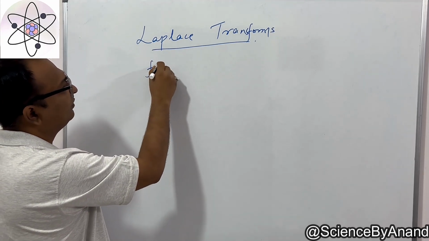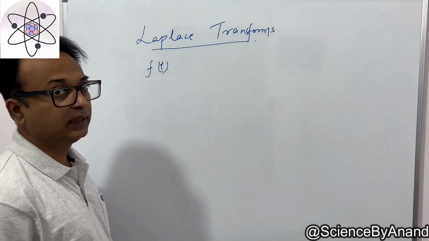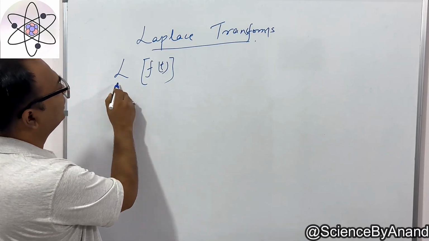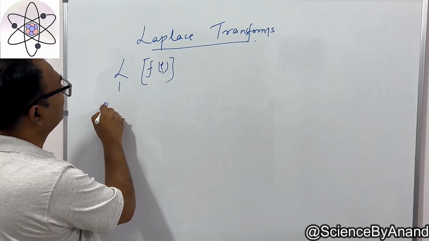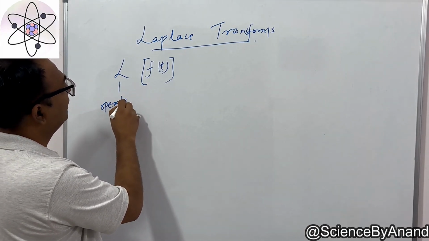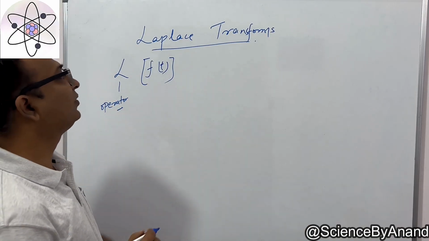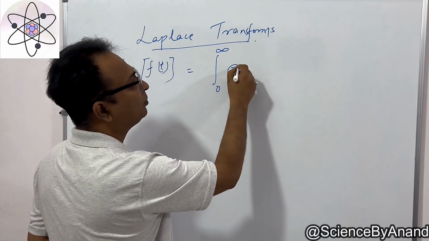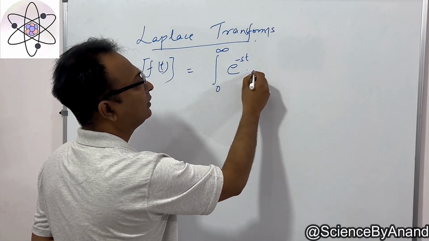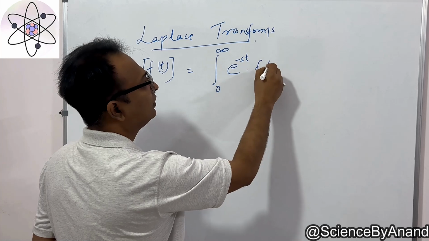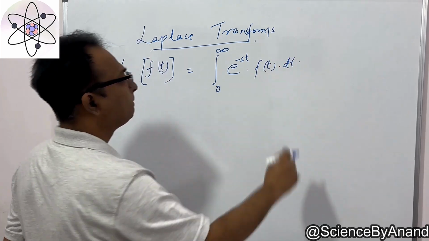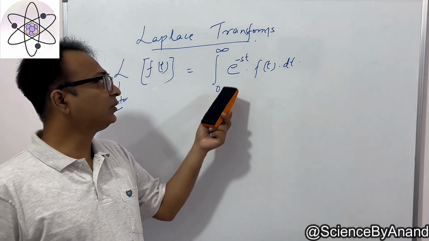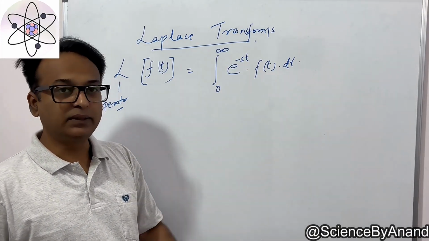Let's say we have a function f(t) defined for all t. Then Laplace transform of f(t). This is called the Laplace transform operator, capital L. So Laplace transform of f(t) is defined as integral from 0 to infinity of e to the power minus st f(t) dt.